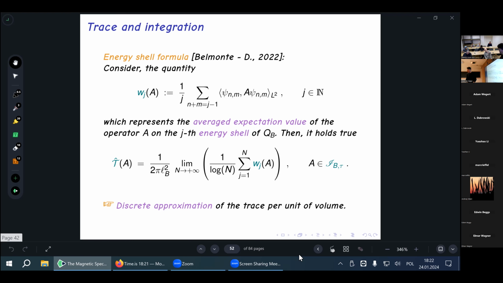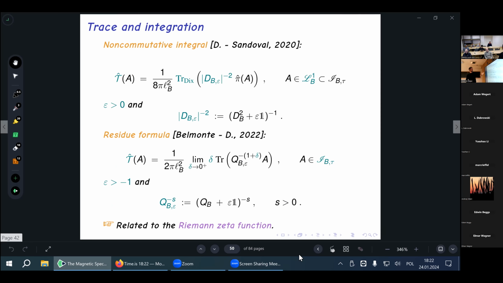I'm looking for the motivation of the title of this page, trace and integration. So where is this integration? The only integration I see is the L2 norm. This is a trace. The trace per unit volume is a trace on my algebra.